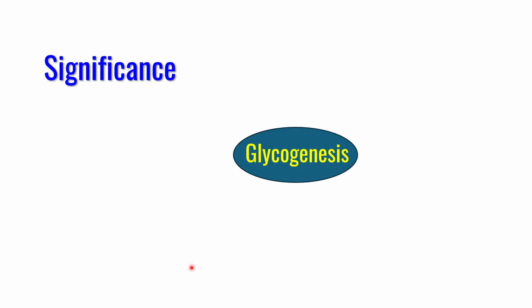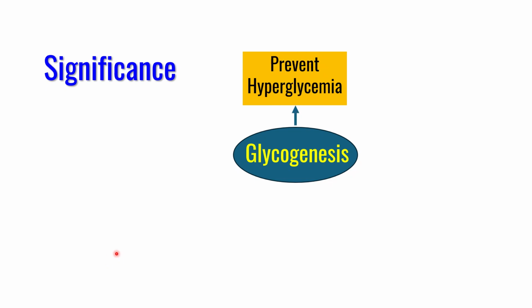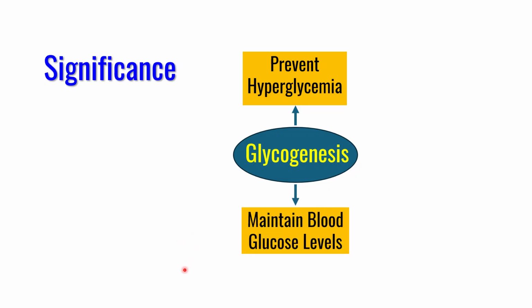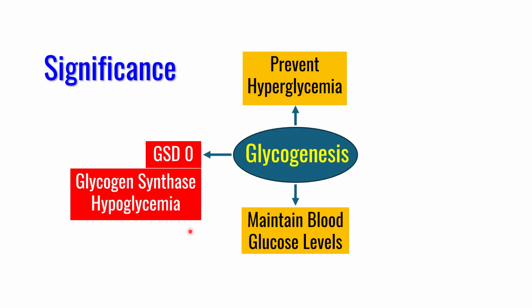Let's review the significance of glycogenesis. Physiologically, it is very important because it prevents hyperglycemia by conserving glucose in the form of glycogen. In addition, it also maintains blood glucose level while we are fasting or sleeping for up to 18 hours. Clinically, it is important because when the enzymes are defective, they lead to diseases called glycogen storage disease or GSD.